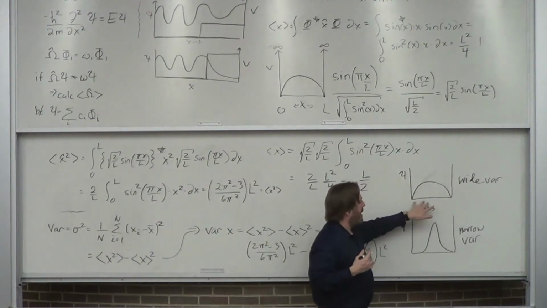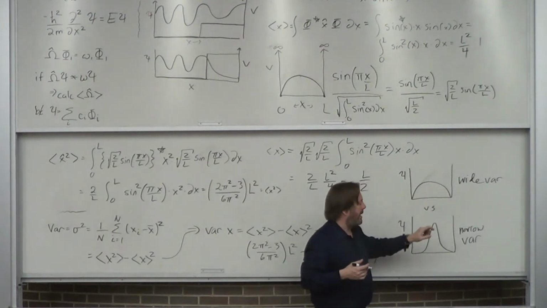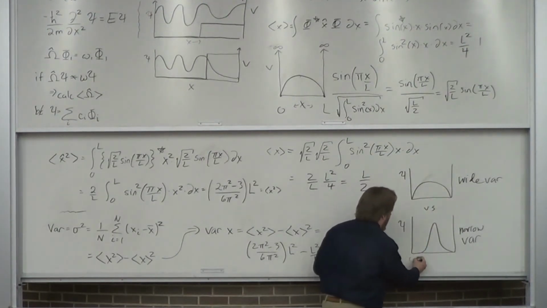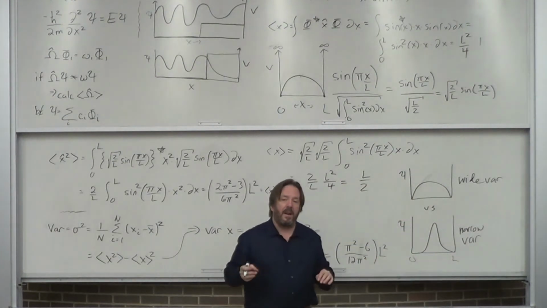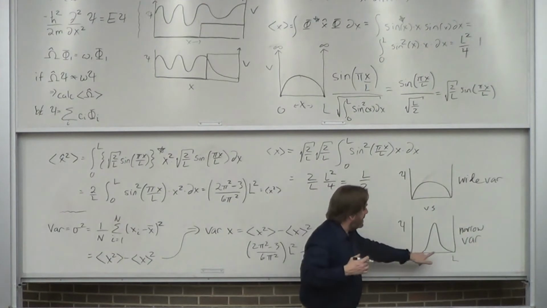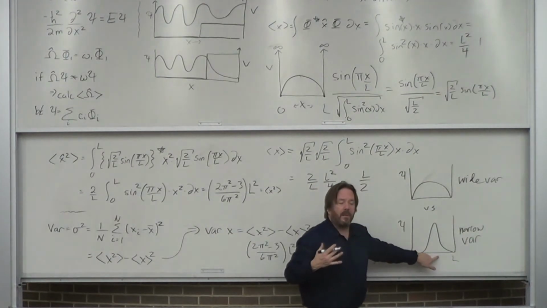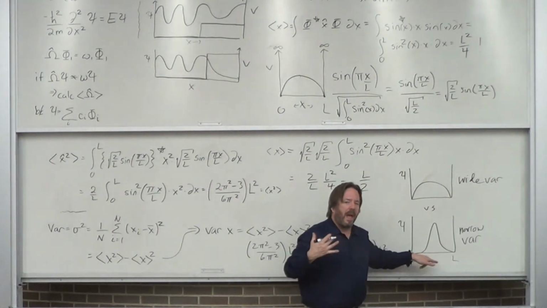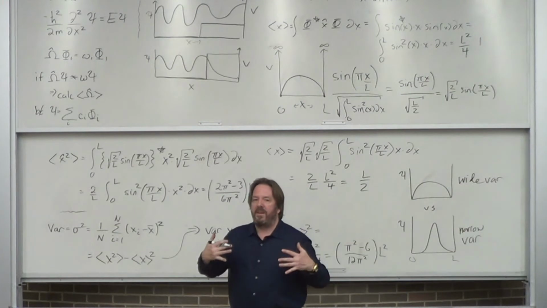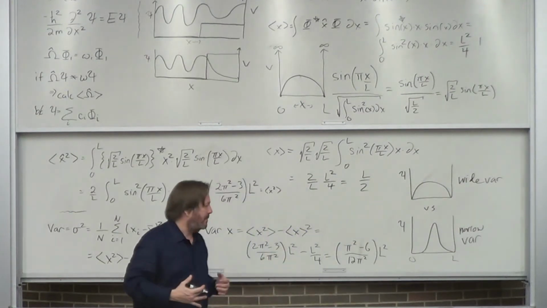The particle is anywhere between 0 and L, whereas with a narrow, low variance wave function, every time I do an experiment the spectrometer says the particle's right near the center.